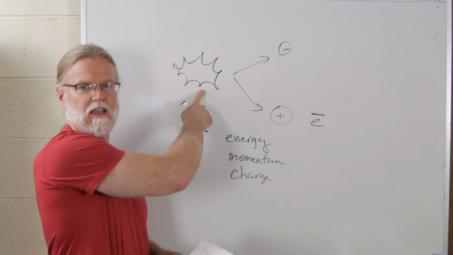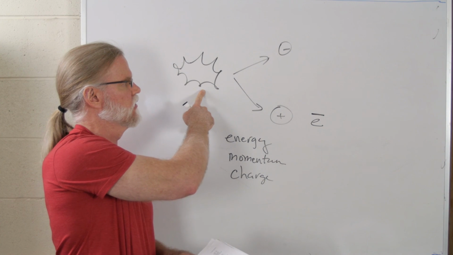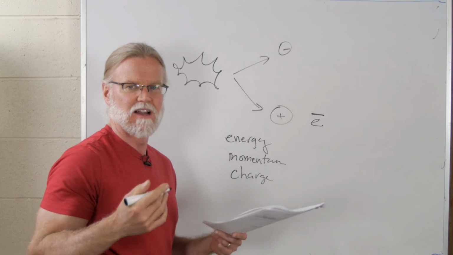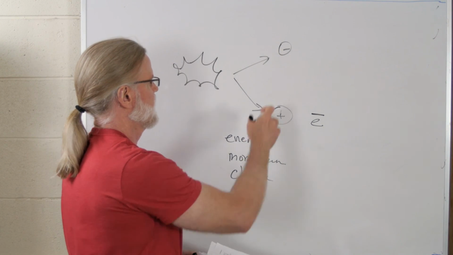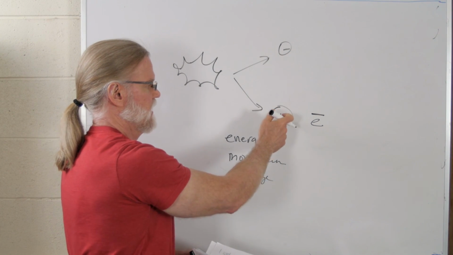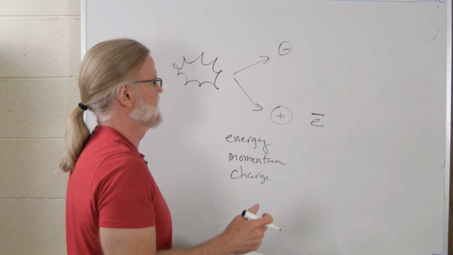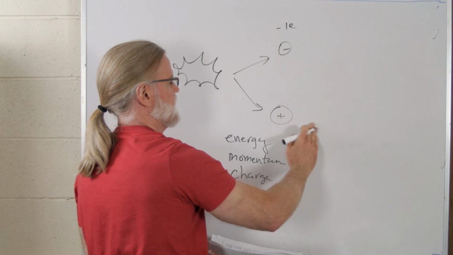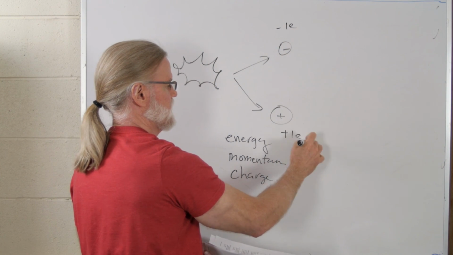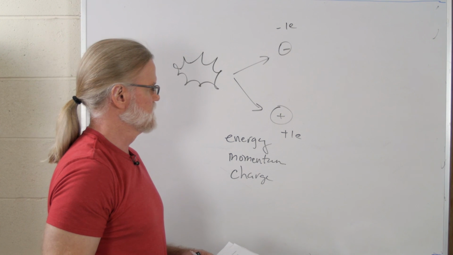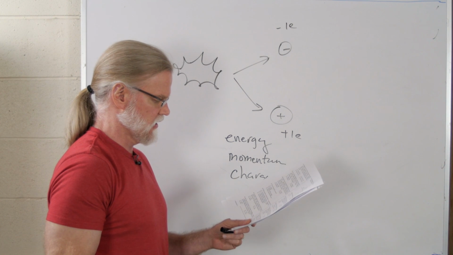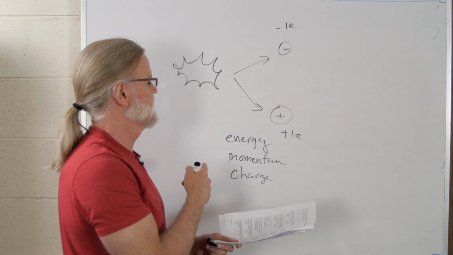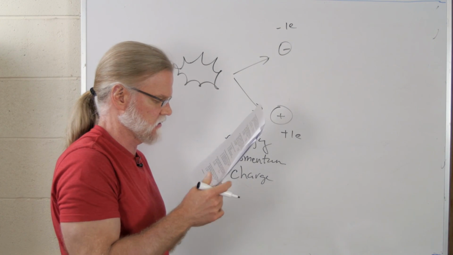And since our gamma photon started off neutral, the things that it turns into must collectively be neutral. In this case, since this is an electron, this has to be positive because this has a charge of minus 1e, and this has a charge of plus 1e. So it's neutral. So charge must be conserved. Momentum is also conserved, but that wouldn't explain why you can't have 2 electrons.